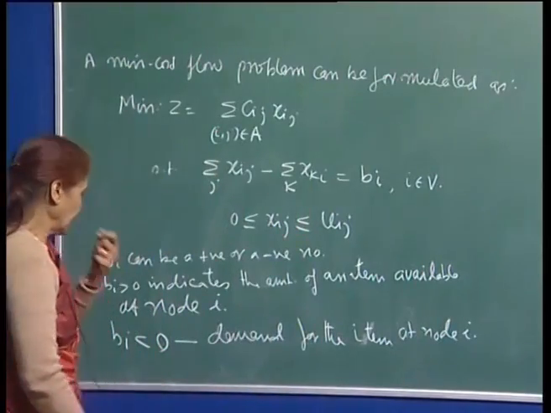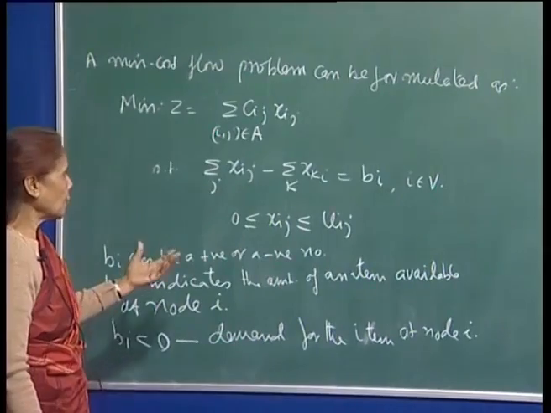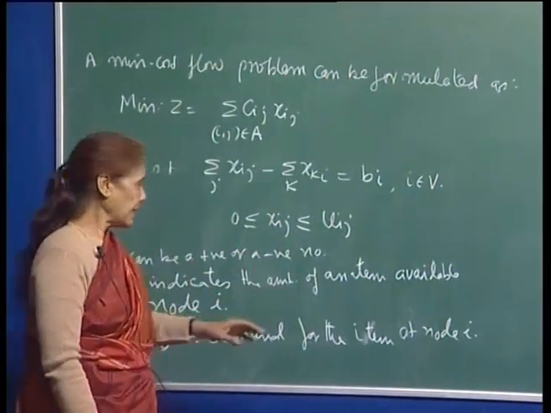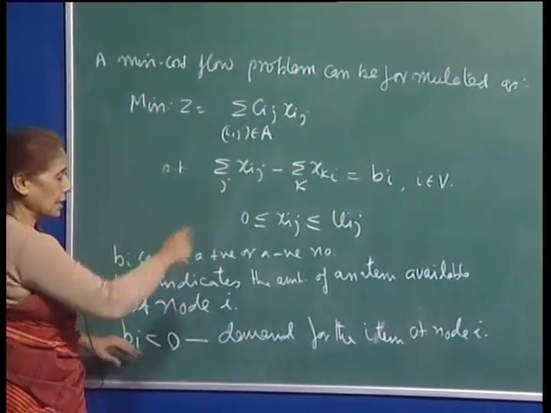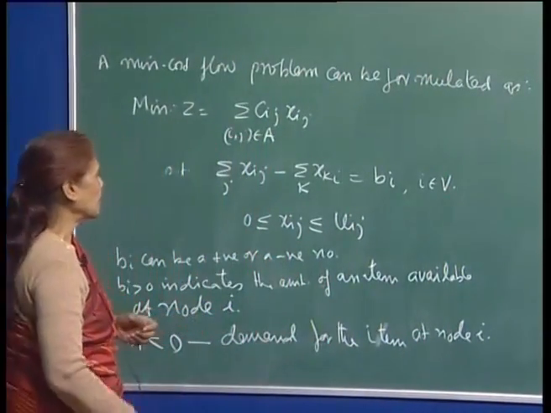So, the concept is that a positive quantity is available for supply and a negative number indicates that things are being demanded or required at that particular node.